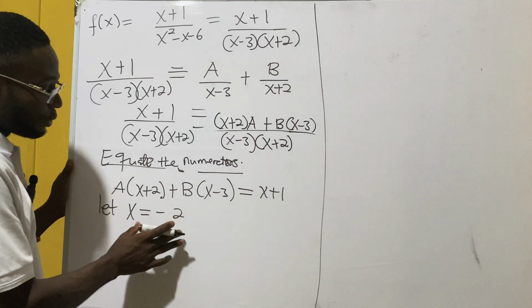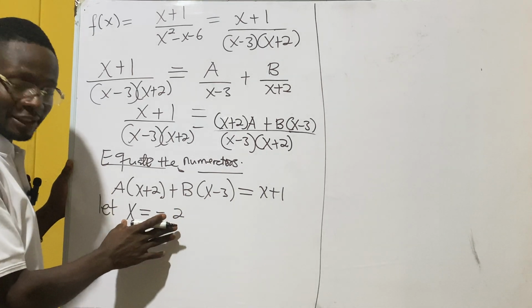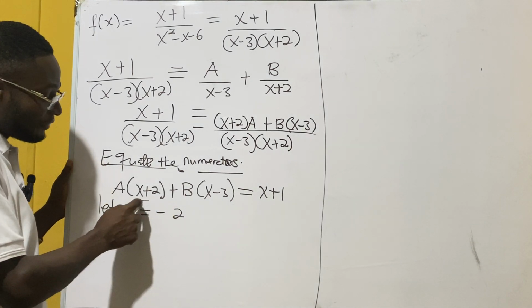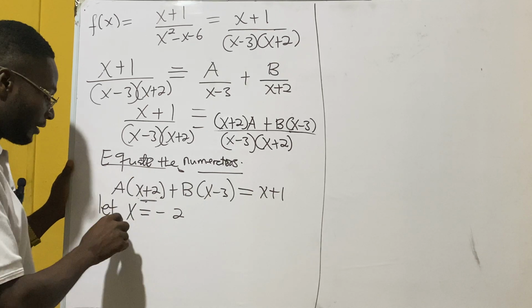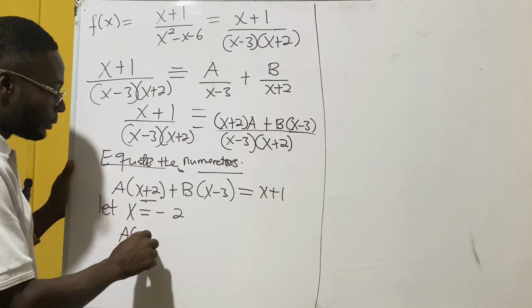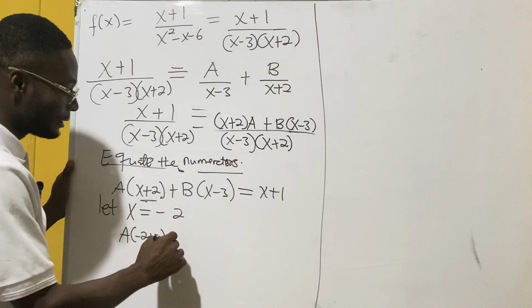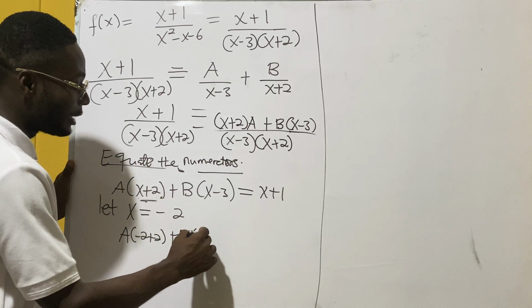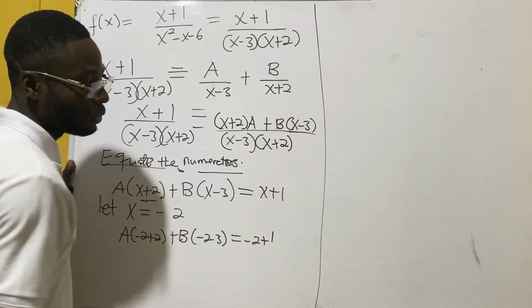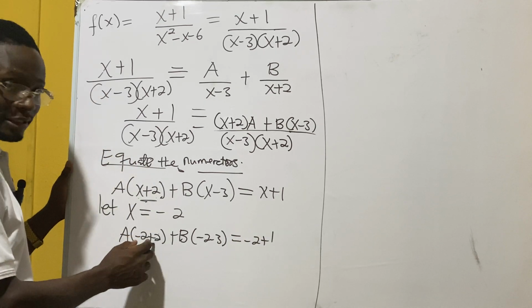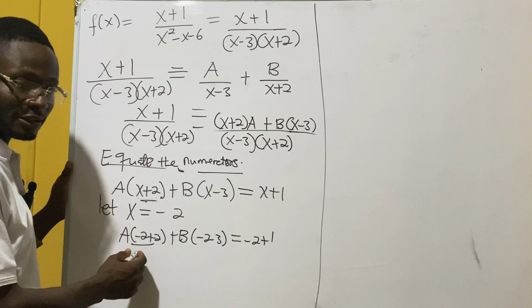Minus 2. You see, when x equals minus 2, you have this part going off because you have minus 2 plus 2, and that becomes 0. So we have A into minus 2 plus 2 plus B into minus 2 minus 3, and that is equal to minus 2 plus 1. So we have here this going off because this becomes 0.